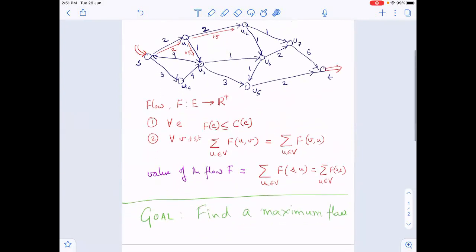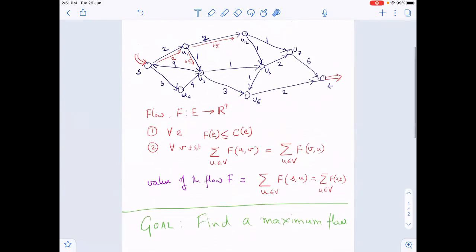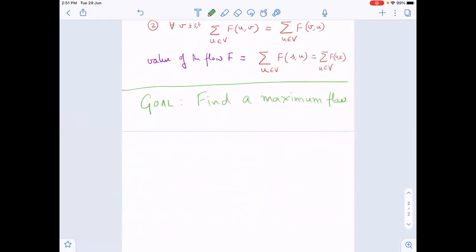Now, let me give you this one: use LP to find a maximum flow in a network.